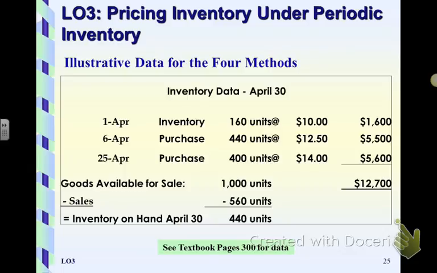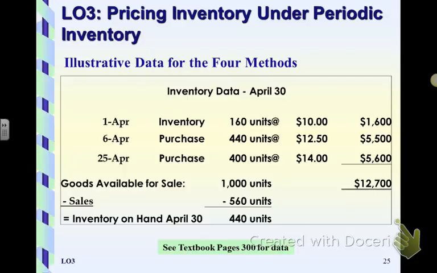Like, I've got 440 units. How do I know which of these 560 of this total 1,000, what of those 560? Did I sell all 160? Did I sell 400 of these and 40 of these? We don't know. Do we care? Do we care? Yeah. Why do we care? They're different prices. So what does that mean if they're different prices?